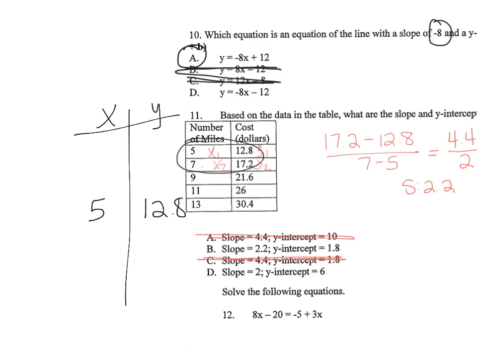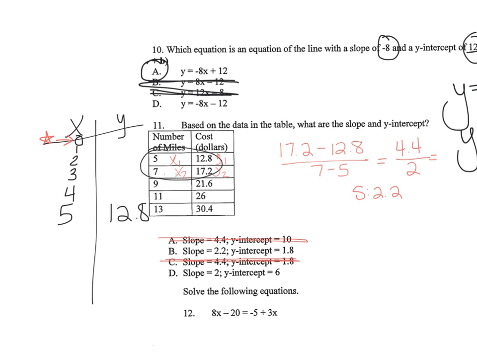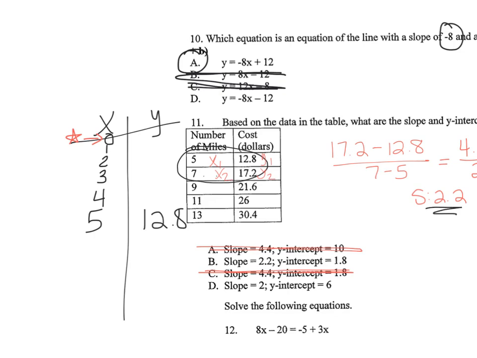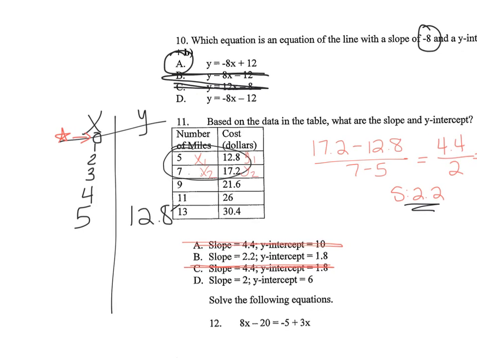And remember, we have to work backwards until we get to 0. So I want to get to here on my y value. So to do that, I just have to subtract this 2.2. I'm going to subtract my slope until I get to 0, which would be 1, 2, 3, 4, 5 times. So first time, 12.8 minus 2.2, I get 10.6.